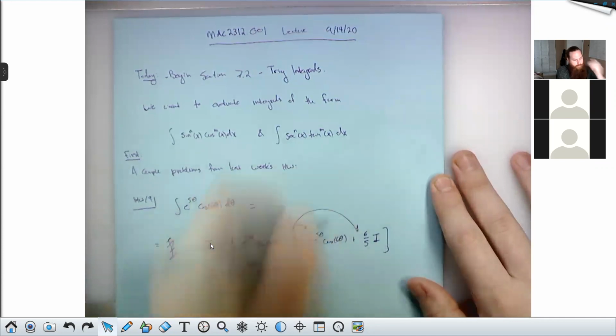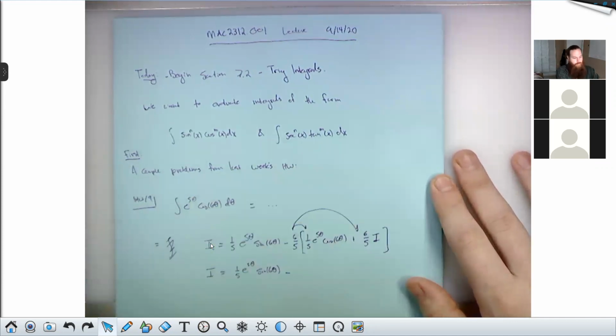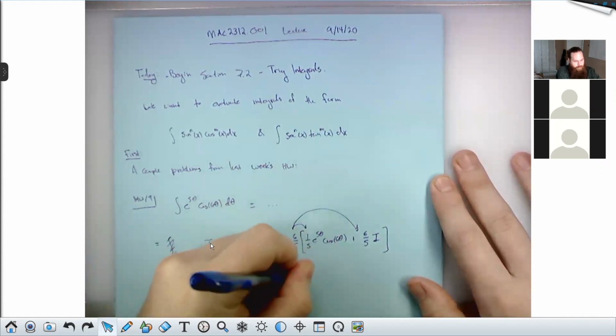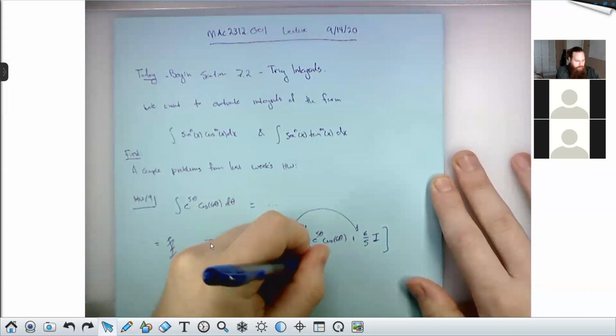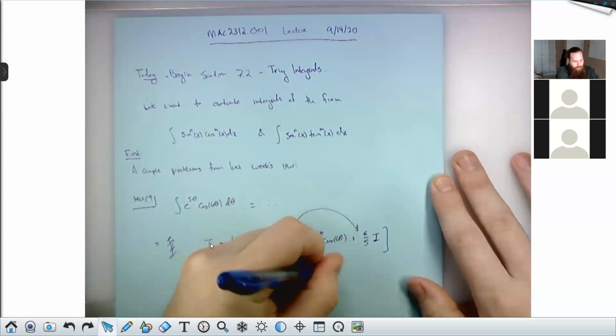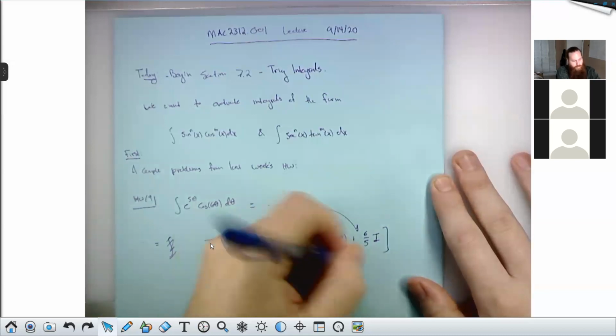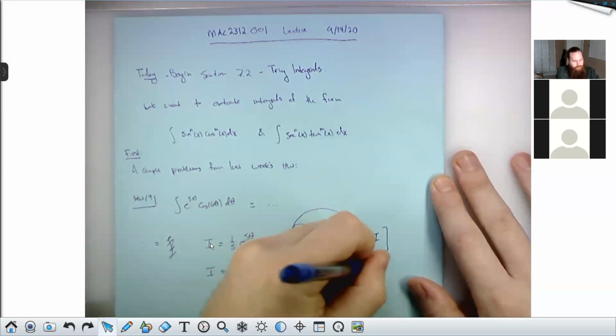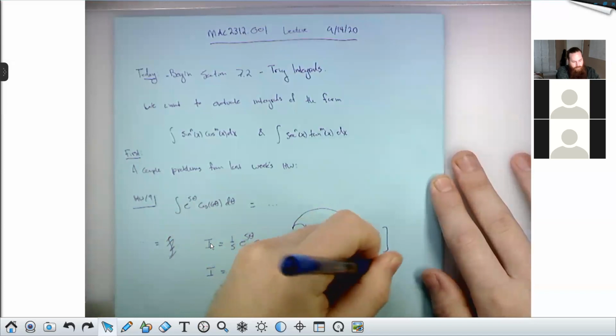This is what we needed to do. So we'll have 6/5 times 1/5 here. That's 6/25, so that'll be minus 6/25 e to the 5 theta cos 6 theta, and then minus 6/5 times 6/5 I, that's 36/25 times I.